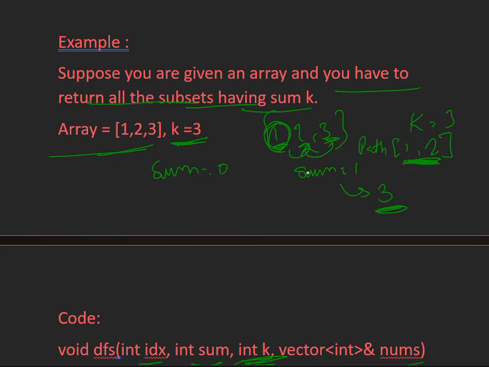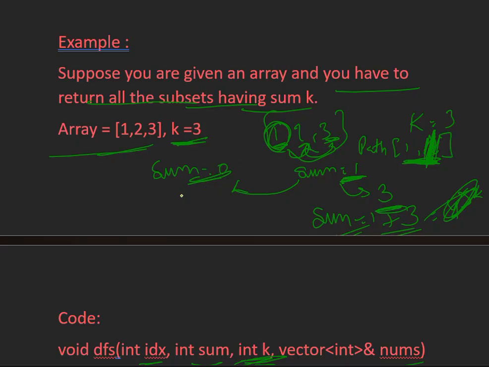Now for 2, we do the not pick case. Not pick means we won't be taking 2, so we have to remove it, right? Then our sum is 1, and picking 3, 1 plus 3 is 4, right? It's greater than k, so we won't be taking that, so we return to the initial case, where the sum is 0.